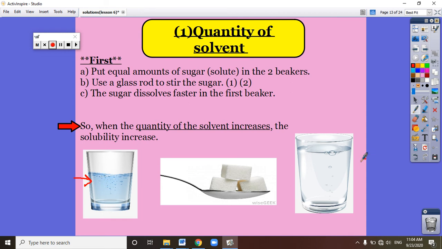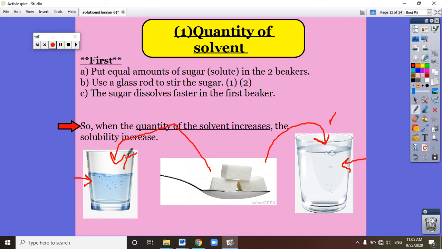And here we put a large amount of solvent, so the amount of water here is larger than here. Then we will put 3 cubes of sugar in each of the glasses.